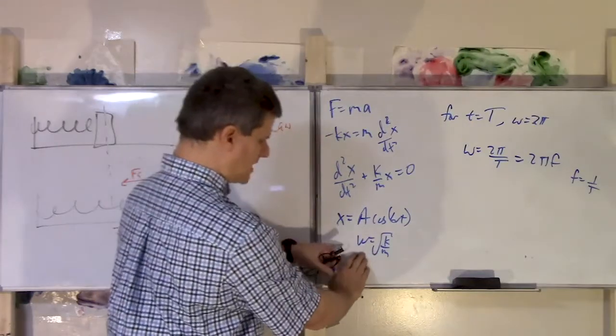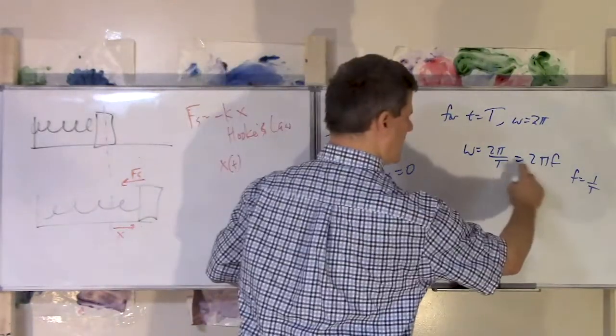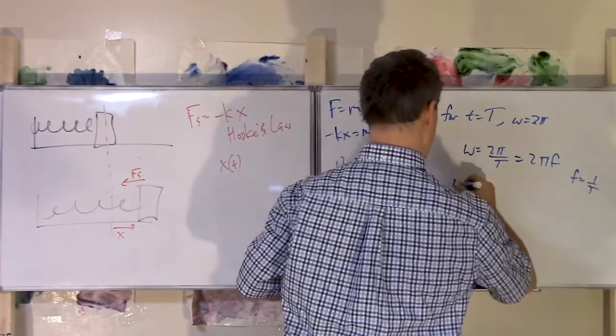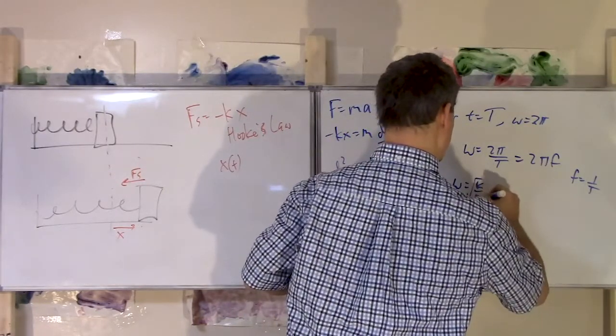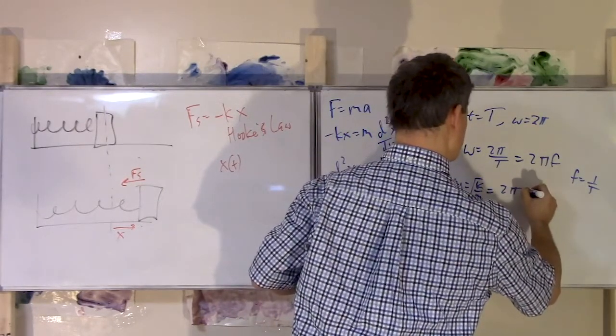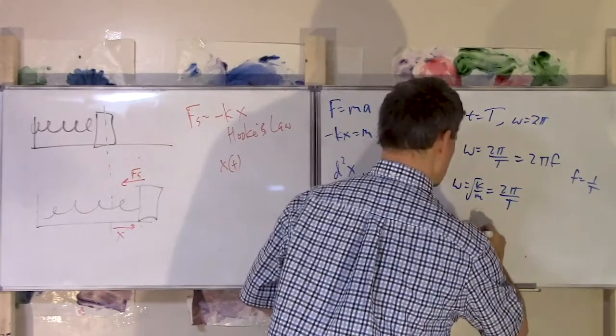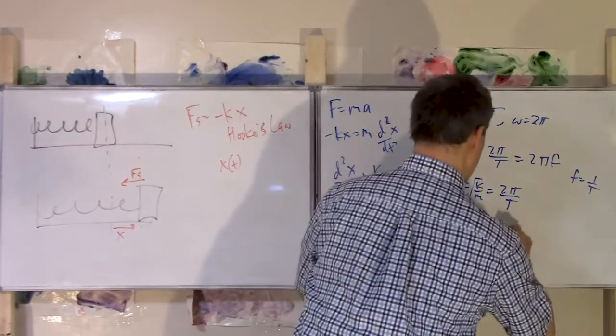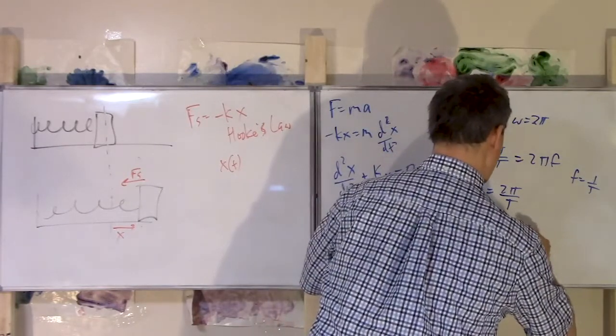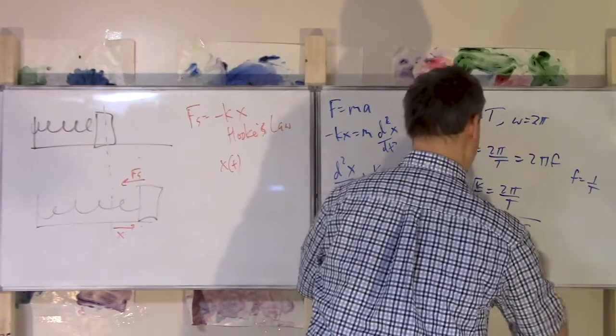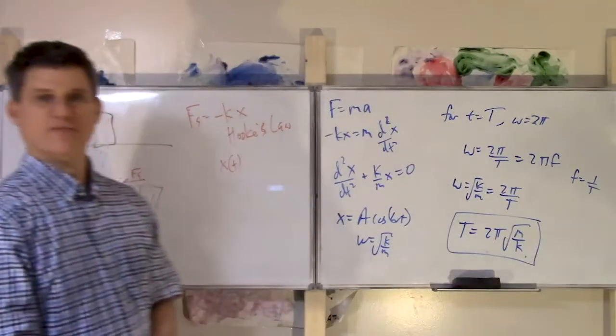So if we combine omega equals the square root of k over m and omega equals 2 pi over t, we can get an expression for the period. So the period is 2 pi times the square root of m over k. So this is the period of a mass on a spring.